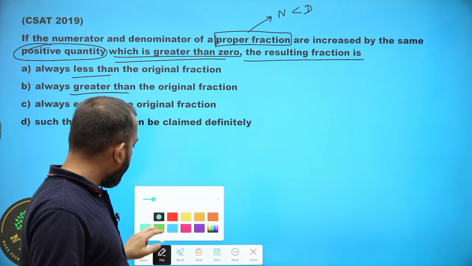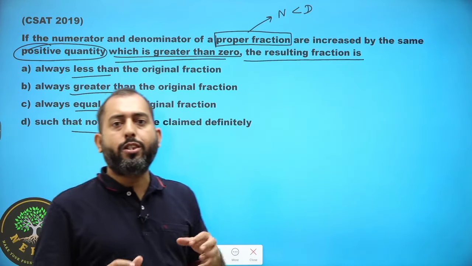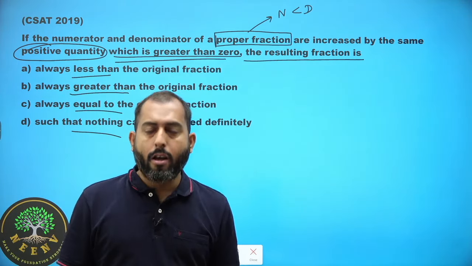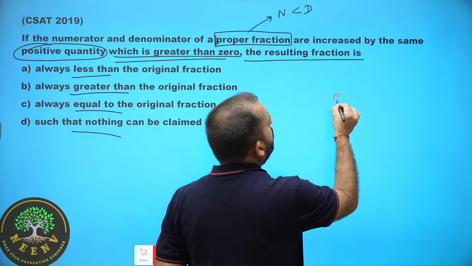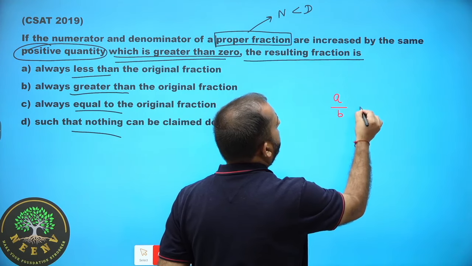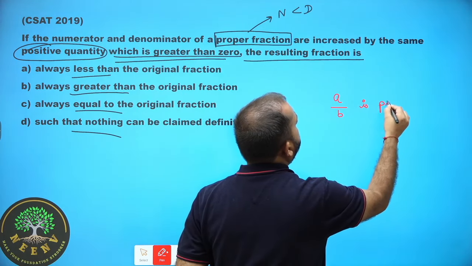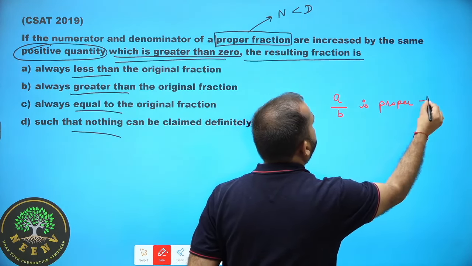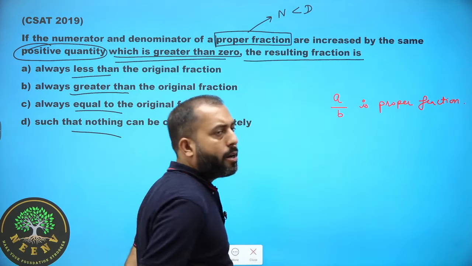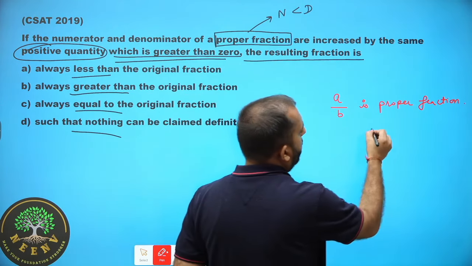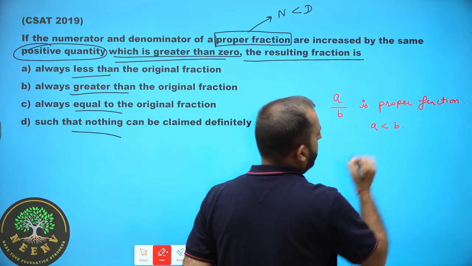So let's try to solve this question with the help of an assumption. Or you can remember one thing. Suppose A upon B is a proper fraction, which means A is less than B.